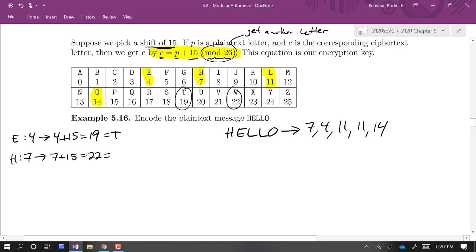And 22 is W. And L is 11. 11 plus 15 is 26. And if I reduce that mod 26, that's 0. And that gives us A.